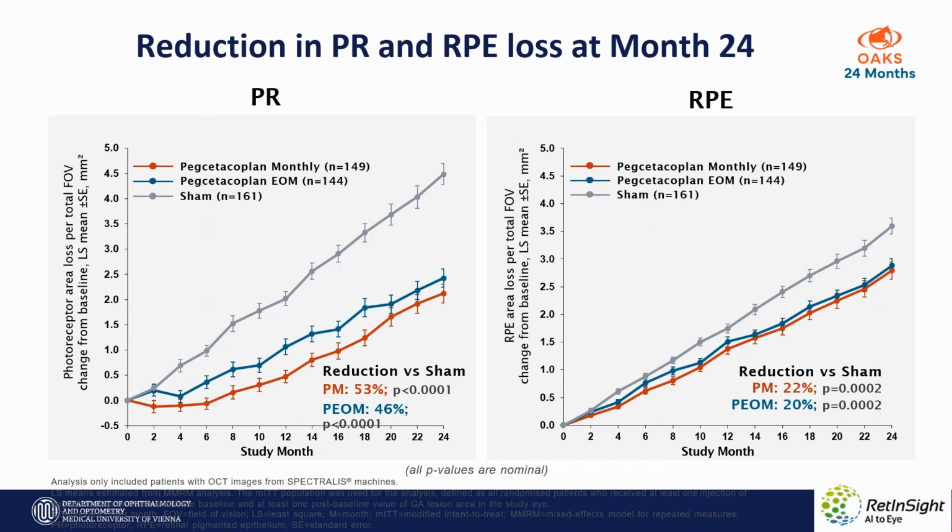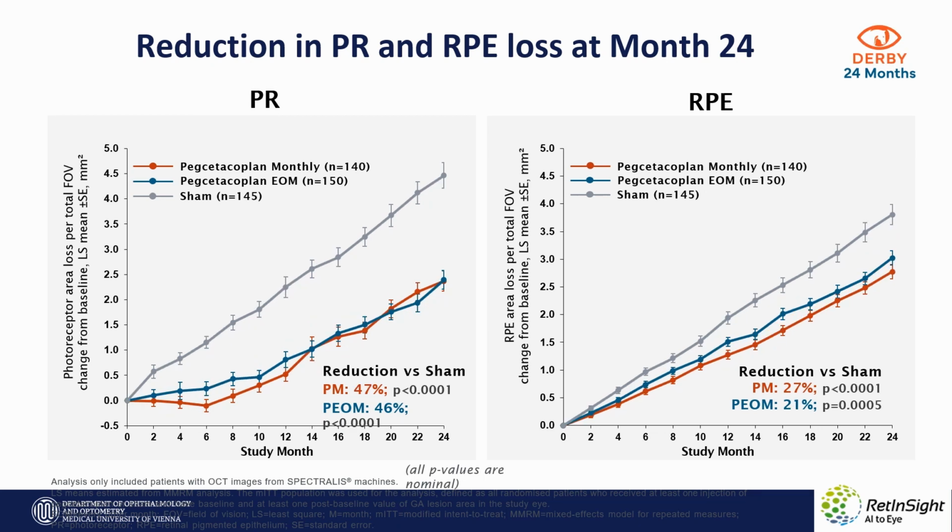There is a consistent inhibition of photoreceptor degeneration and also of RPE loss. You can see that the effect on the photoreceptor level is much larger. So yes, therapeutic AI allows us to monitor a therapeutic effect, not only precisely, but also in the right compartment.